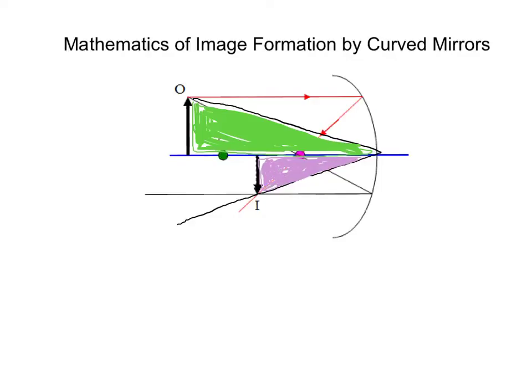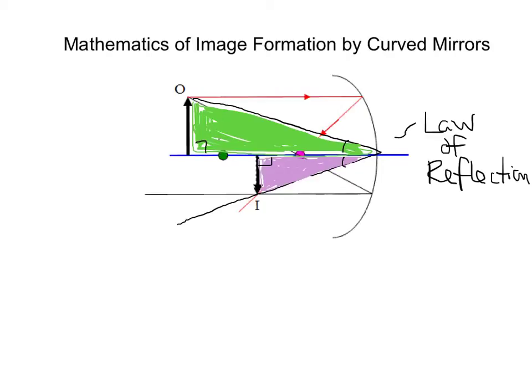Now, as you might start to see, these two triangles are actually similar triangles, meaning they both have 90-degree angles here, and they also both have these two angles that are also equal by the law of reflection. And thus the angle of incidence and reflection are equal.